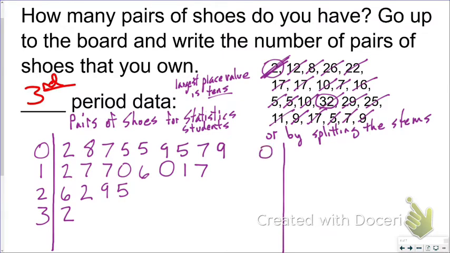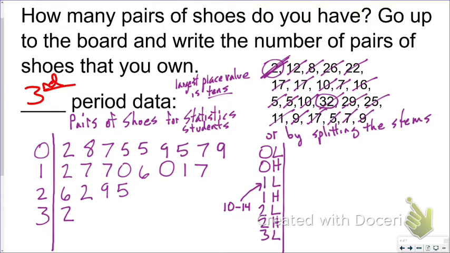We'll have a 0L, a 0H, a 1L and a 1H, a 2L and a 2H, and a 3L. The 0L represents 0 to 4 pairs of shoes. The 0H represents 5 to 9 pairs. The 1L represents 10 to 14 pairs of shoes, and so on.